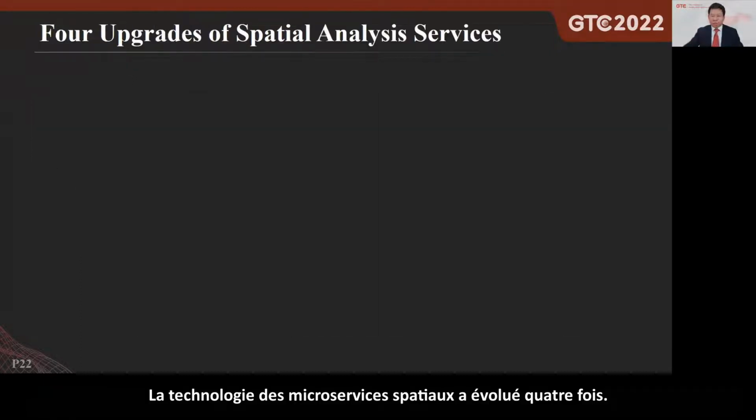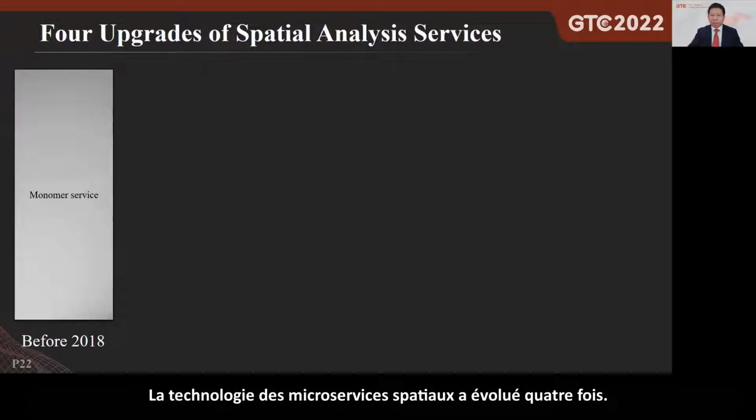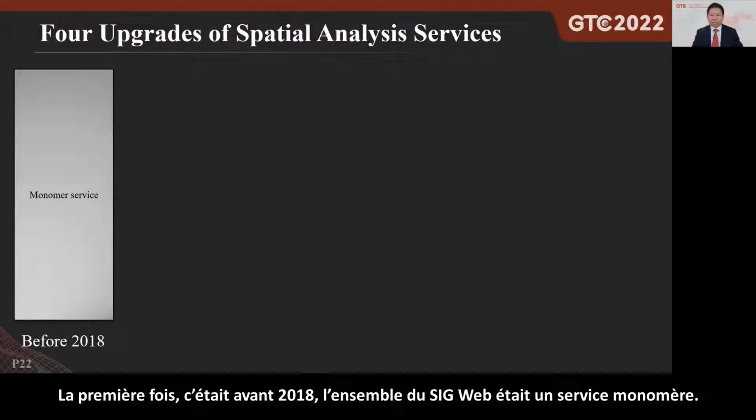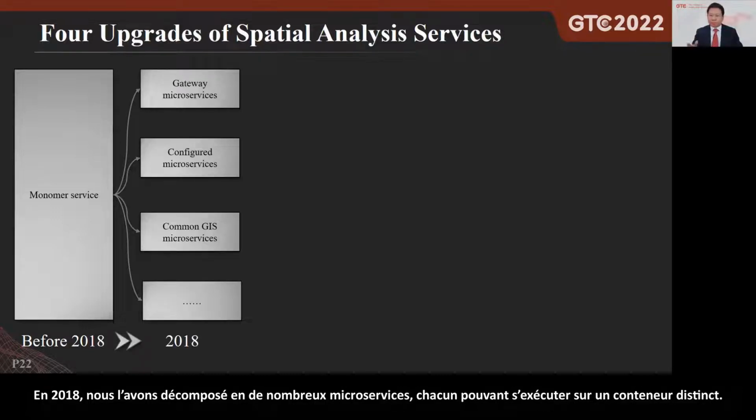The spatial microservice technology evolved 4 times. Before 2018, the whole WebJS was a monolithic service. In 2018, we broke it down into many microservices, each of which could run on a separate container.